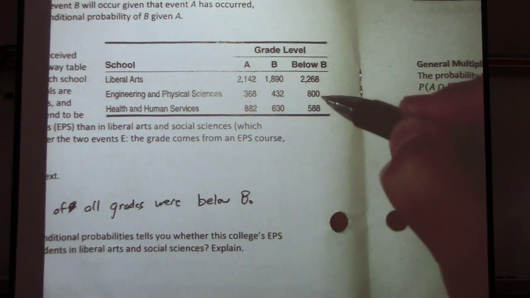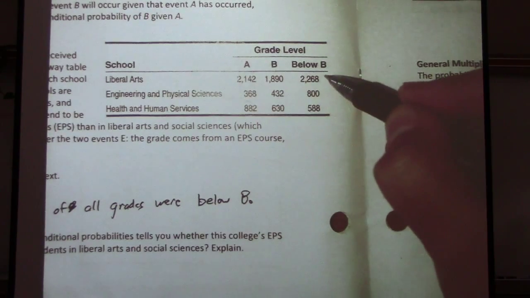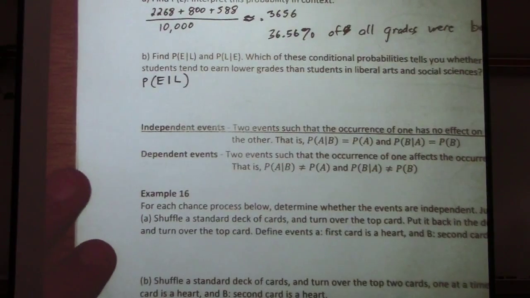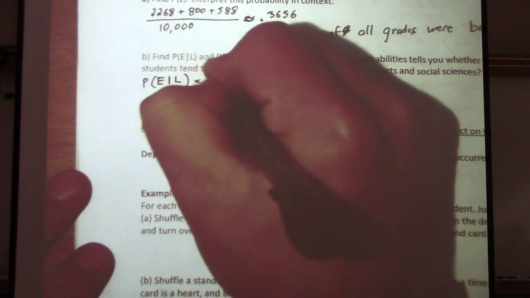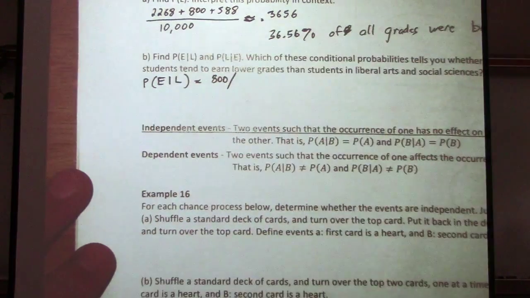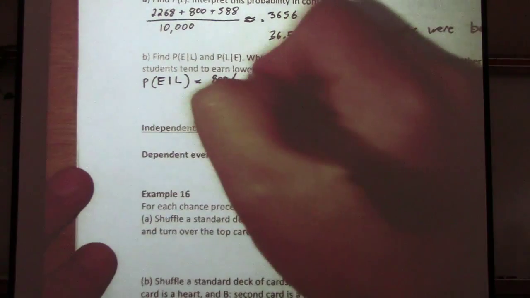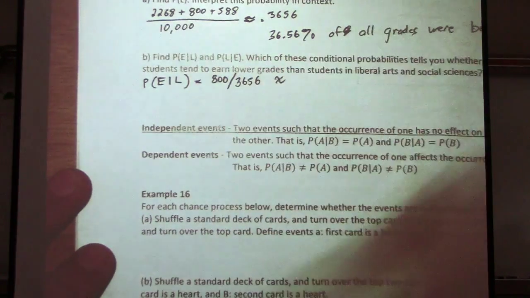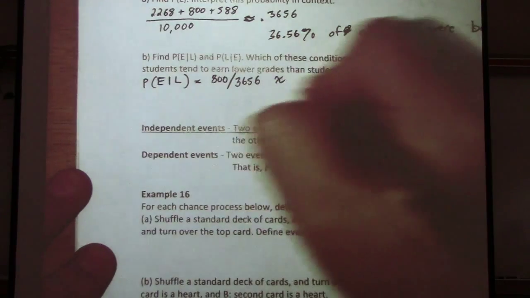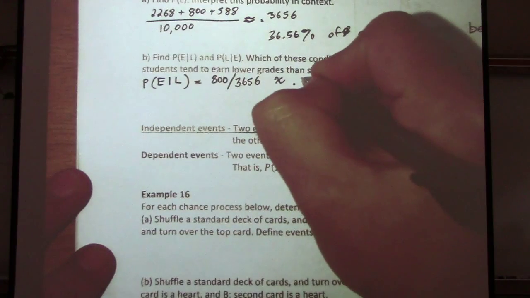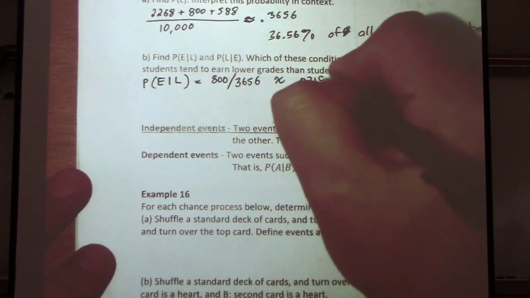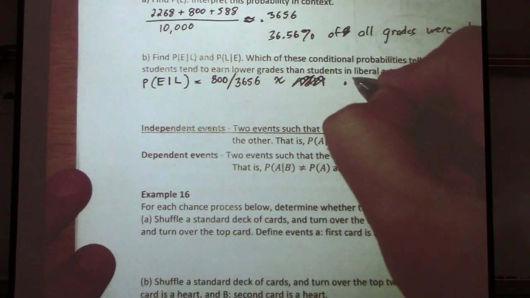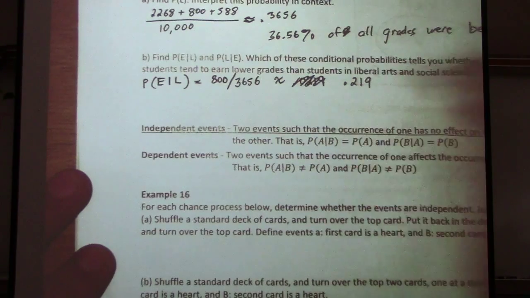So it looks like 800 over the sum of this column here. So this is 800 over 3656, and that is approximately equal to, oh, sorry, I missed a decimal here, 0.219.